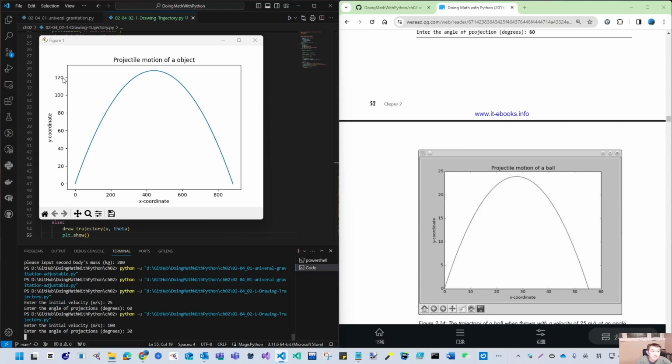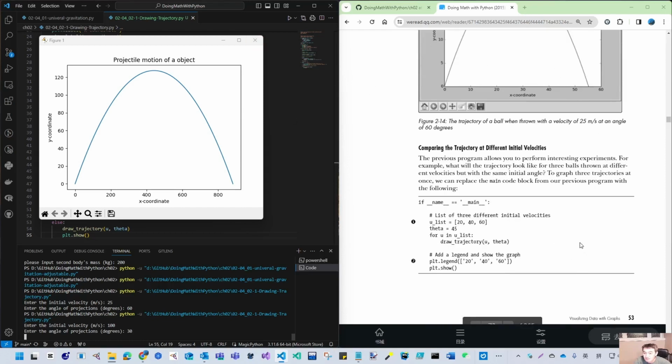Now its highest is more than 120. Earlier it just went to 25, and here it also gets a longer distance. So you cannot see the difference because it is compressed, so it looks like they are the same.